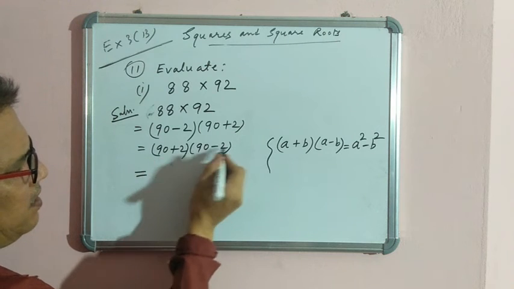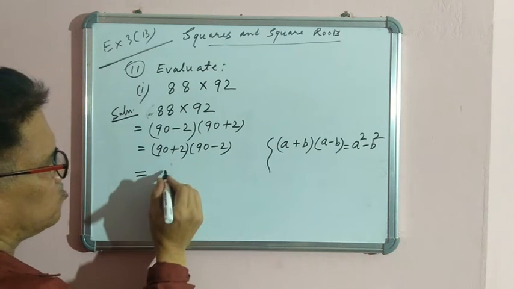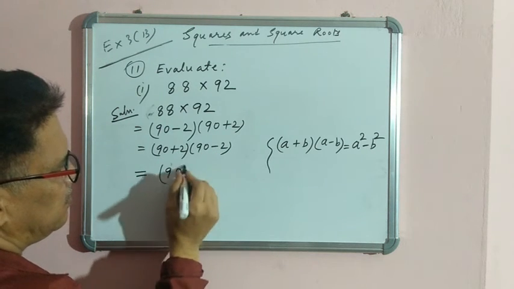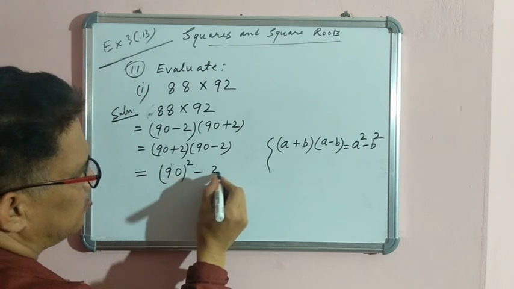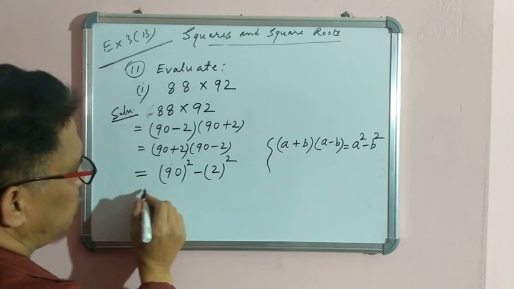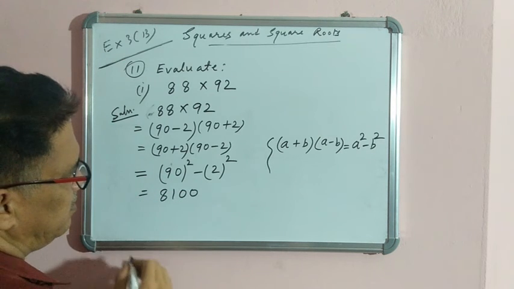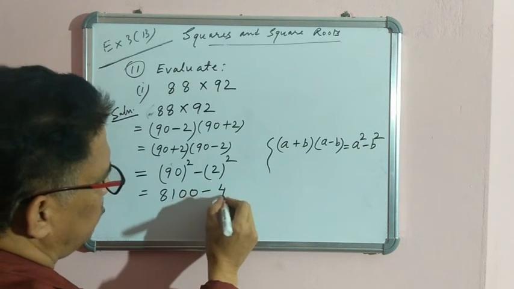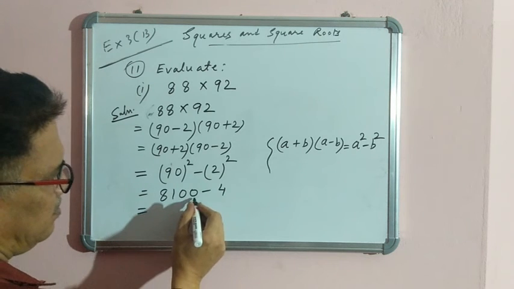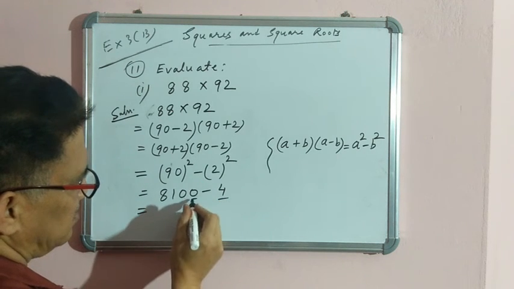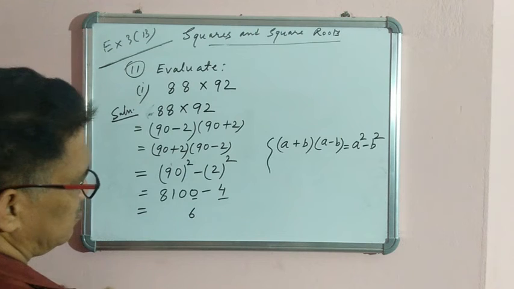So this is A square, that is 90 square minus 2 square. So we are getting 8100 minus 4. We subtract 0 minus 4, that is 10 minus 4, equal to 6.